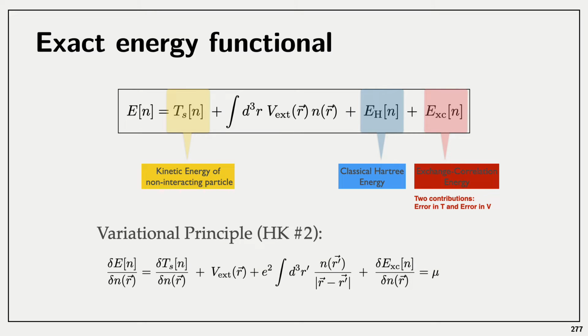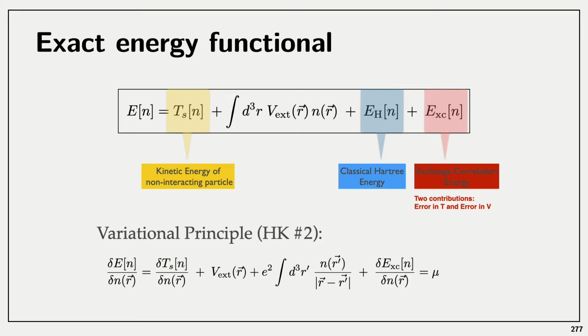Just as a reminder, this is the equation that we came up with within the Kohn-Sham description. The energy functional, which we know exists according to the Hohenberg-Kohn theorems, we express as a piece that can be computed from independent electrons, that would be the kinetic energy and the Hartree, and then everything we don't know, everything we swept under the rug, as part of this exchange correlation energy shown in red.